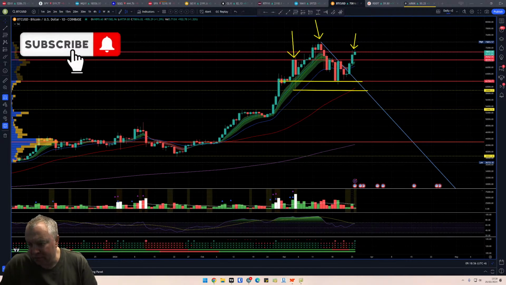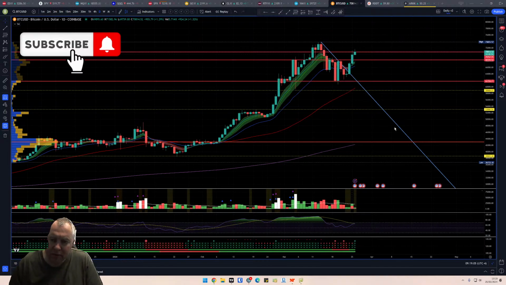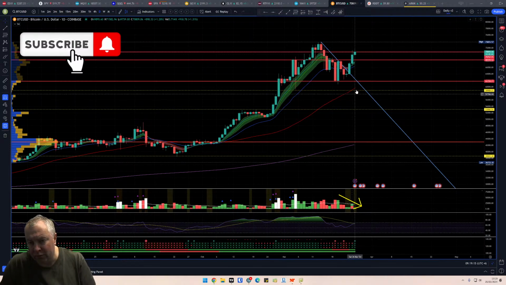So if the head and shoulders plays out, we could see a bit of a rejection down here, and then a break, retest, and then a downward trend. So keep an eye on that. I know there's a halving event coming up, but what does it for me is just this volume down here. Declining volume, really low volume, especially on this pullback. The only high volume we had was on this indecision candle, with a top tail and bottom tail.